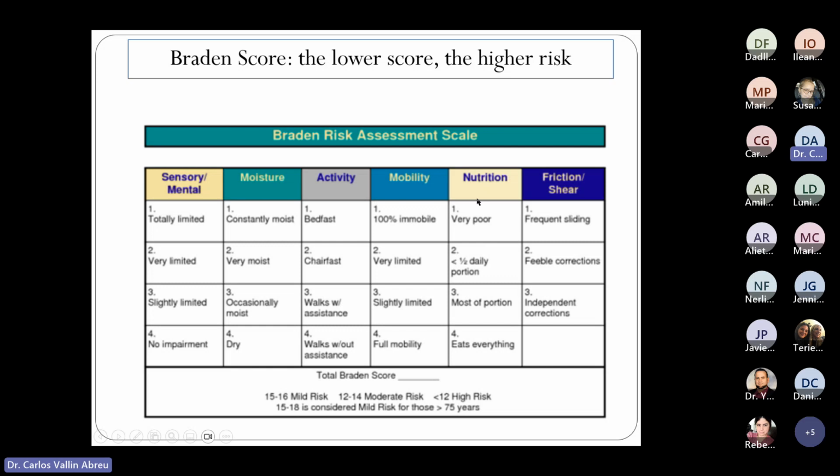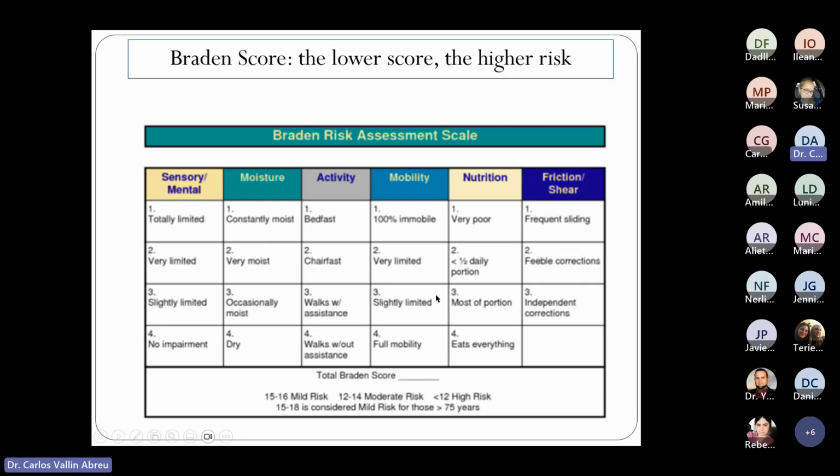And nutrition is mainly evaluated with the level of albumin, the main protein of the blood, to have an idea how the nutrition is. The presence of friction or shear in a patient on bed or in wheelchair is also evaluated. So you are giving points depending on the presence or absence of each one of these.